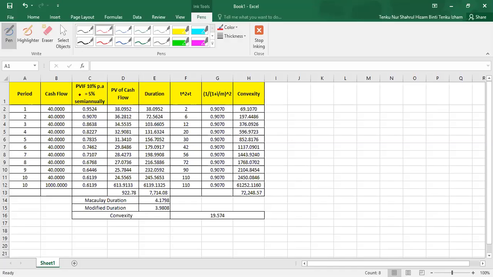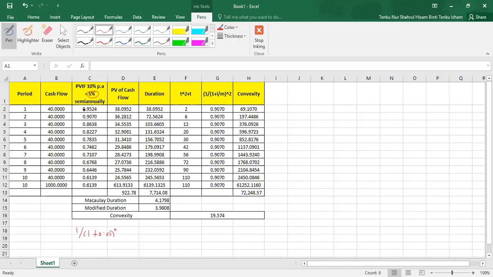Here we have what we call the present value interest factor, because it is semi-annually 5%. So how do you calculate? It is 1 divided by 1 plus 0.05 powered by n.